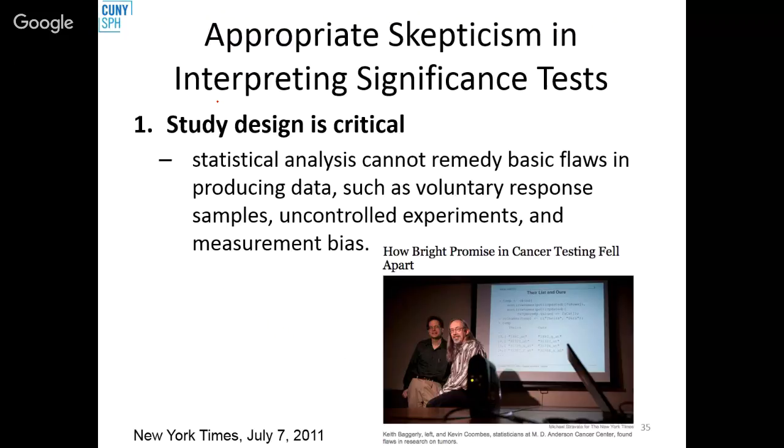Similarly, having a biased sample, biased measurements, these are all sources of error that are not controlled through hypothesis testing. It only accounts for sampling variation under the assumption of random sampling. That's it. Anything else, uncontrolled experiments, measurement bias, can also introduce errors that you're not controlling for.